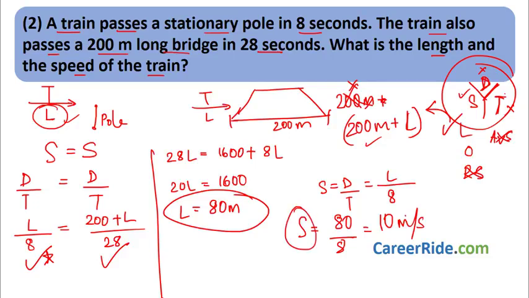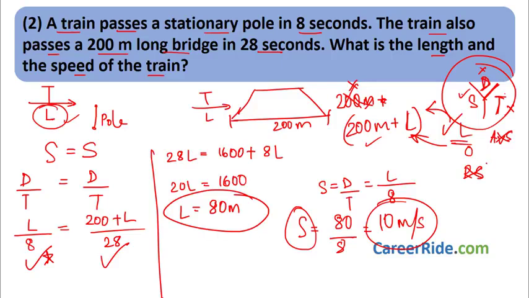So the speed of the train is 10 meters per second. See how easy it was. There is nothing to it. This is very similar to the speed, distance, time concept, and we just need to include the length of the train into the distance traveled. If you have not gone through speed, distance, time, go through that video and you will be able to understand these sums pretty much faster.